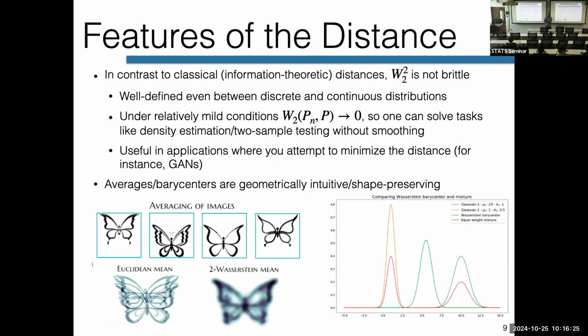You could try to say, what is their Euclidean midpoint? That would be a mixture of Gaussians, this red mixture of Gaussians. Or you could say, what is their Wasserstein midpoint? What is the distribution which in the Wasserstein sense is equidistant from those two? That would turn out to be a Gaussian in the middle, and it has this nice thing that it preserves the shape.